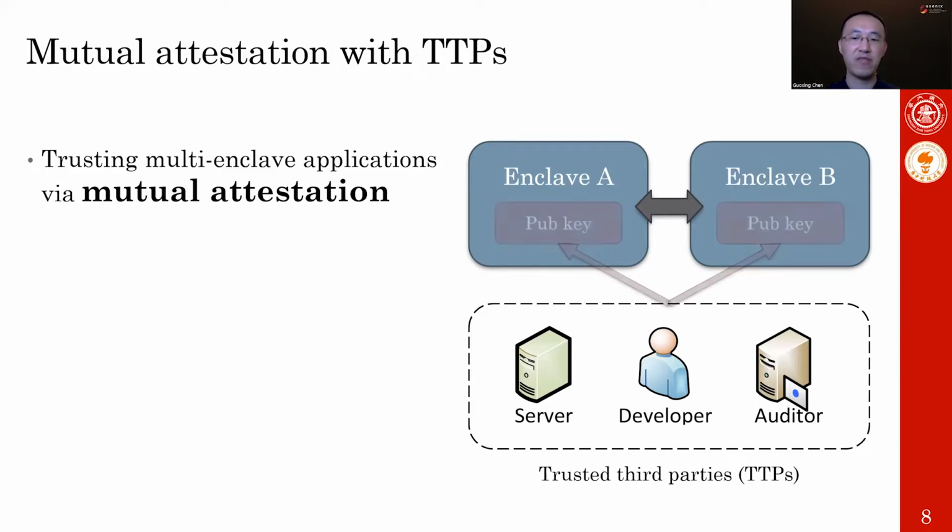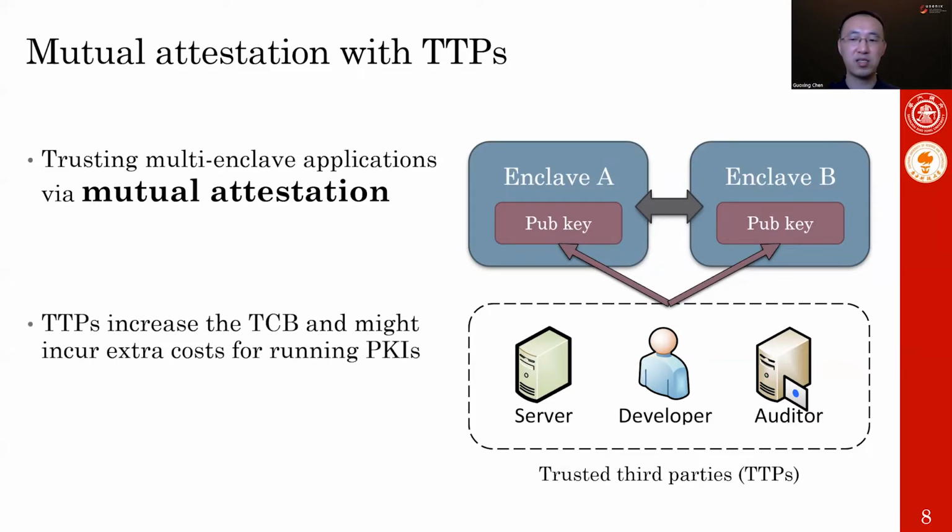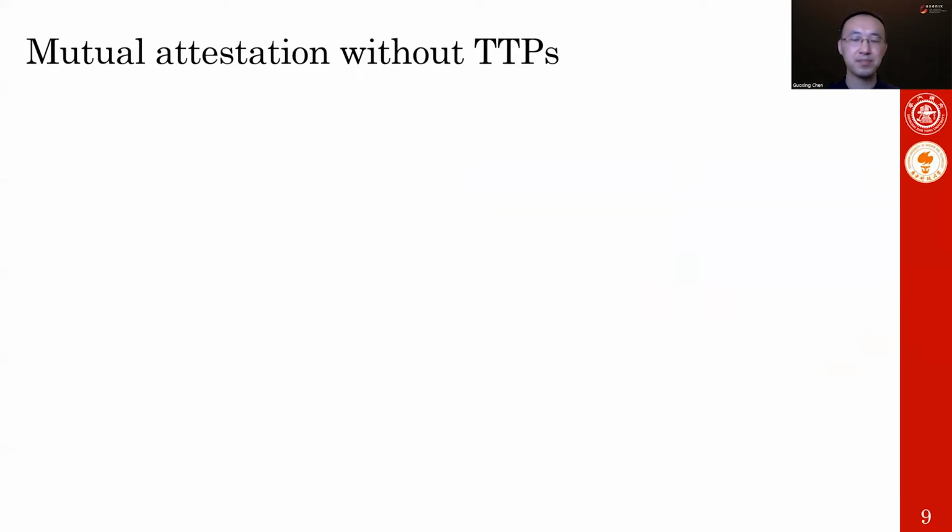Each enclave could have the TTP's public key hard-coded into its initial data, and thus can obtain the other's expected measurements from the TTP during runtime. However, including a TTP increases the TCB of the entire application and might also incur extra costs for running public key infrastructures. Therefore, it is often desired to perform mutual attestation without TTPs.